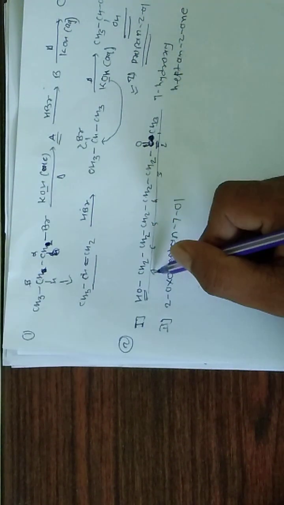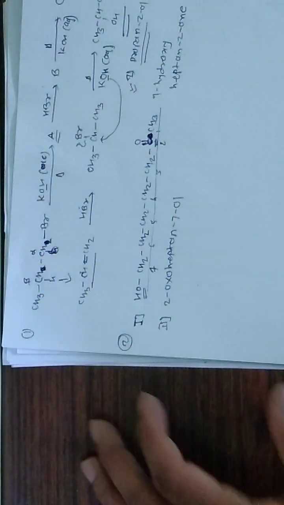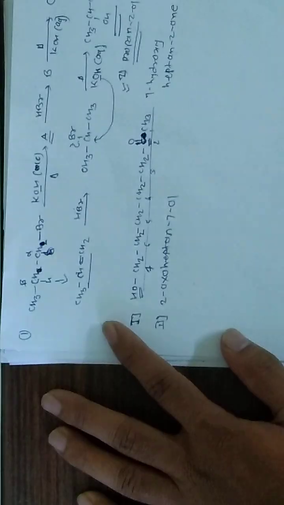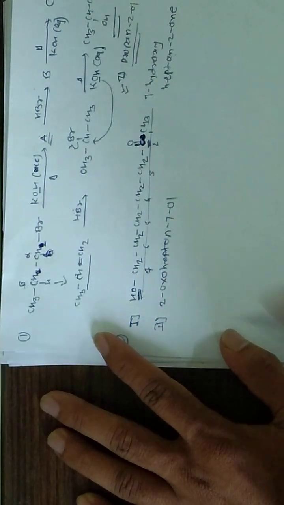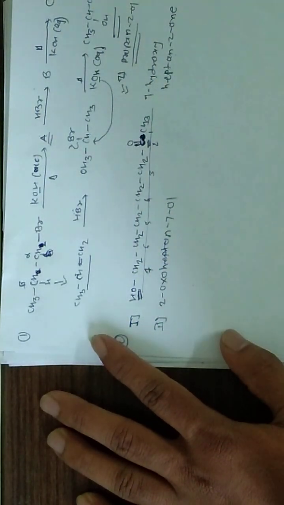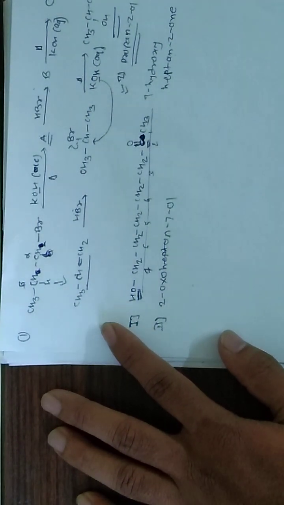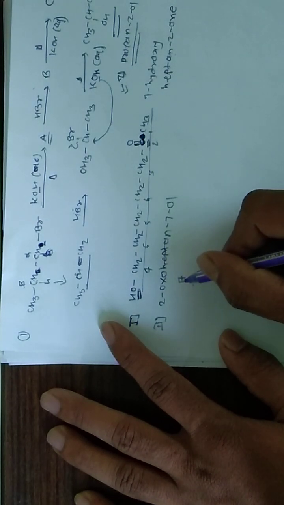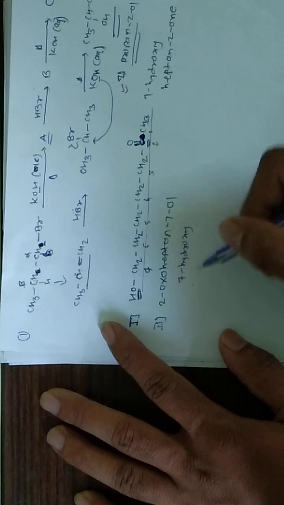So what will be the IUPAC name? In naming a compound, the functional group with lower priority is written as a prefix, that is 7-hydroxy.